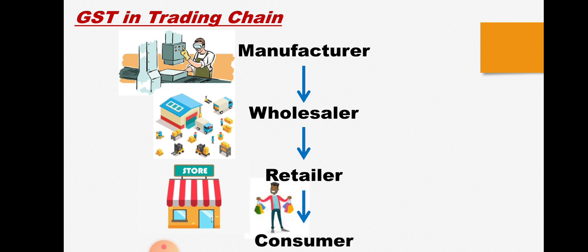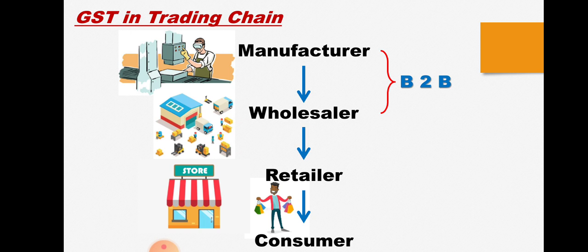So as you can see, there are 3 steps. The first step is manufacturer to wholesaler, the second step is wholesaler to retailer, and the last step is retailer to consumer. In each step GST is paid and collected. In these 3 steps there are 2 business to business steps and 1 business to consumer step. When trading is done between manufacturer and wholesaler, it is known as business to business, where B stands for business and it is read as B2B.